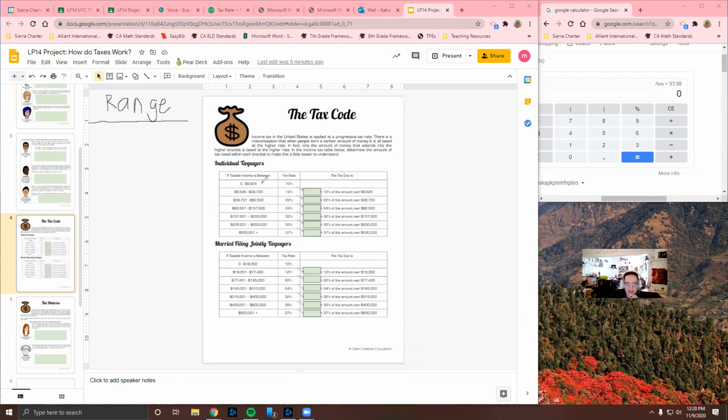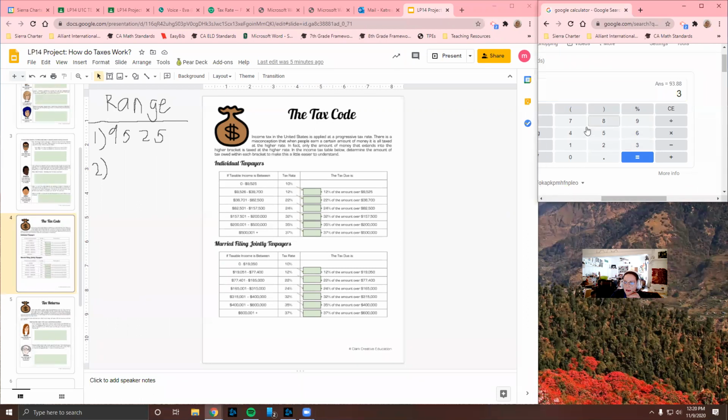I'm going to take these two numbers and subtract them. So 9,525 minus 0. My first range here is still $9,525. My second range is between 38,700 and 9,526, which is $1 above that to get us out of that range. To figure out how big that range is, you subtract those numbers.